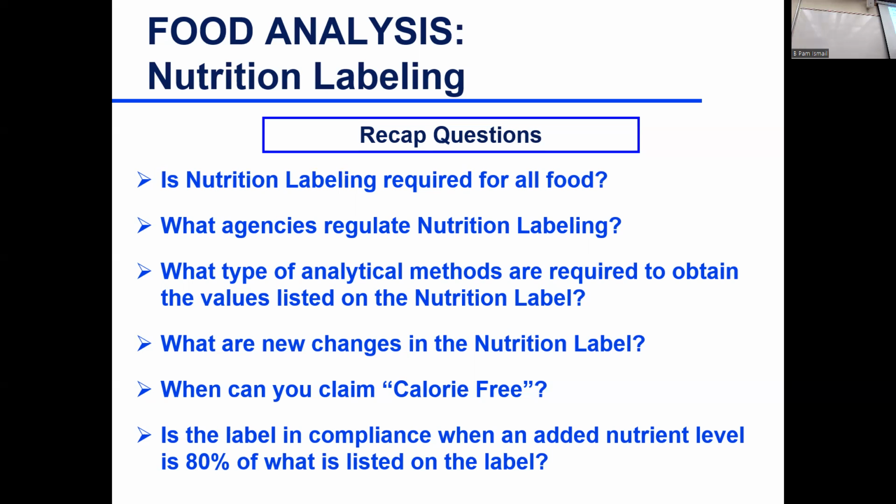What are the new changes in the nutrition label? What can you think of, Sally? The calories are bold, a larger quantity. It's screaming at you, the number of calories. What else, Taylor? Added sugars. Added sugars, yes. What else? Potassium, yes. In terms of vitamins, do you remember, Carol?